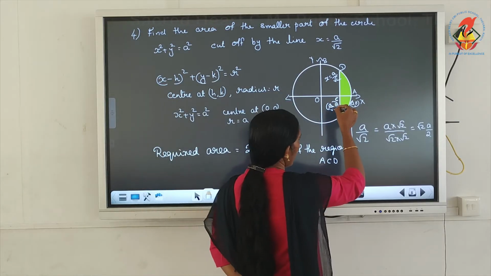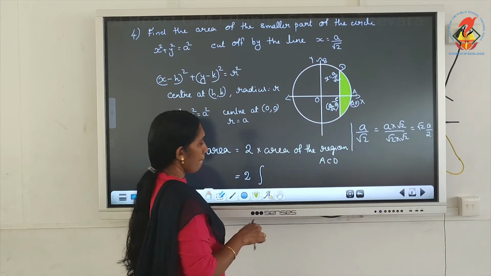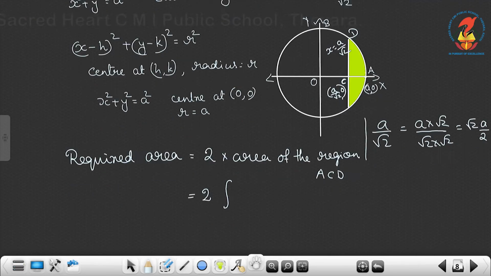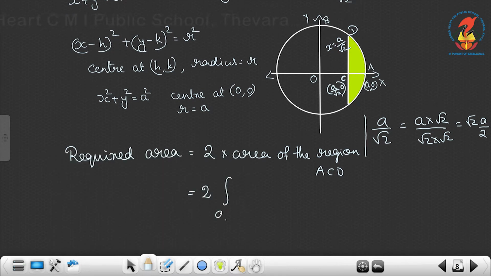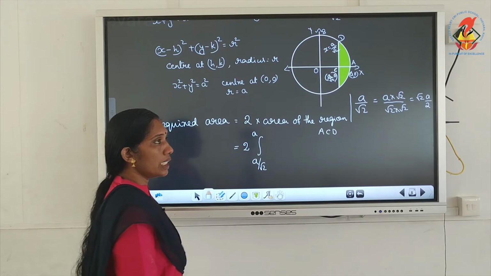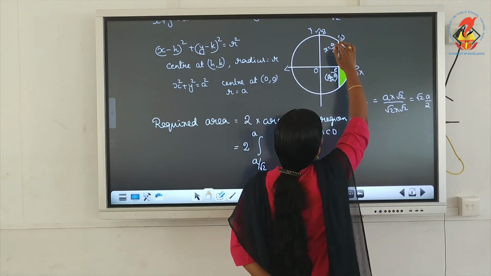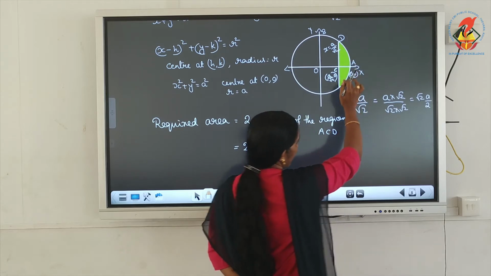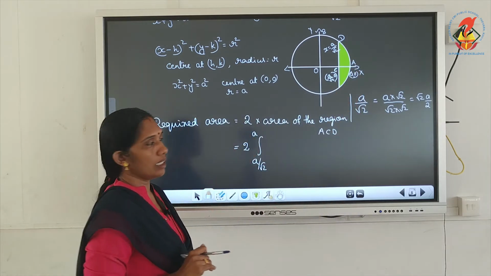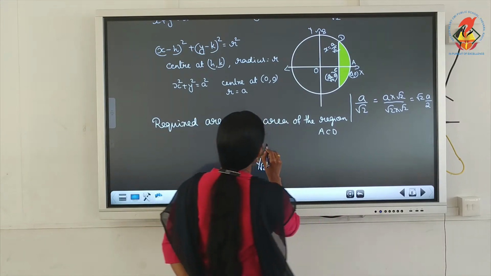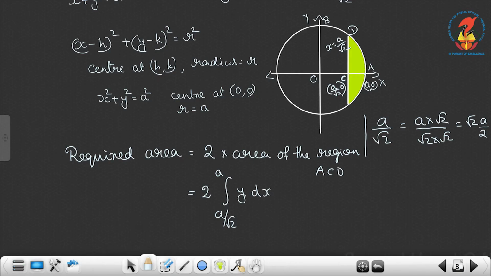Integral from a by root 2 to a, area under the curve. Which is the curve? The curve is this one, that is the portion of the circle. And the formula is y dx, so we have to find y. The equation of the circle is x square plus y square equal to a square, so y square is equal to a square minus x square, or y is equal to the root of that.